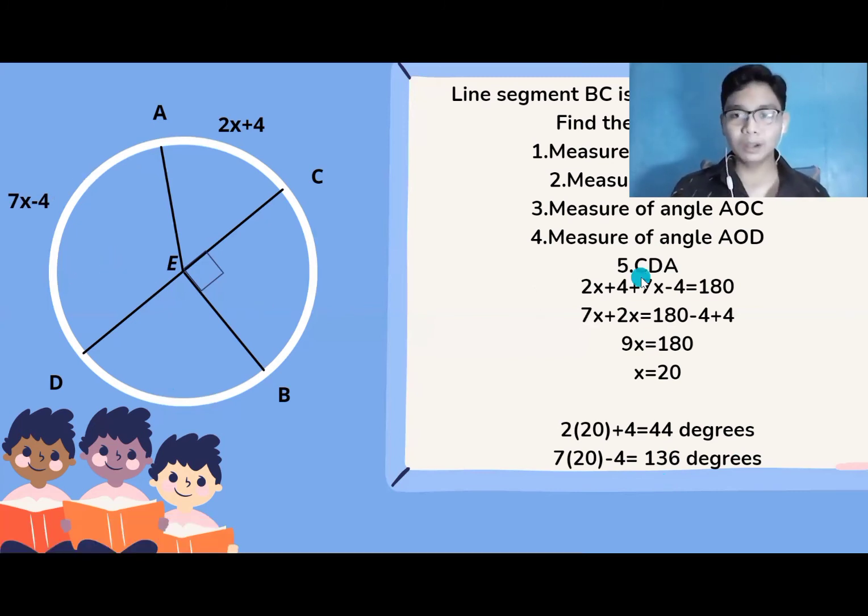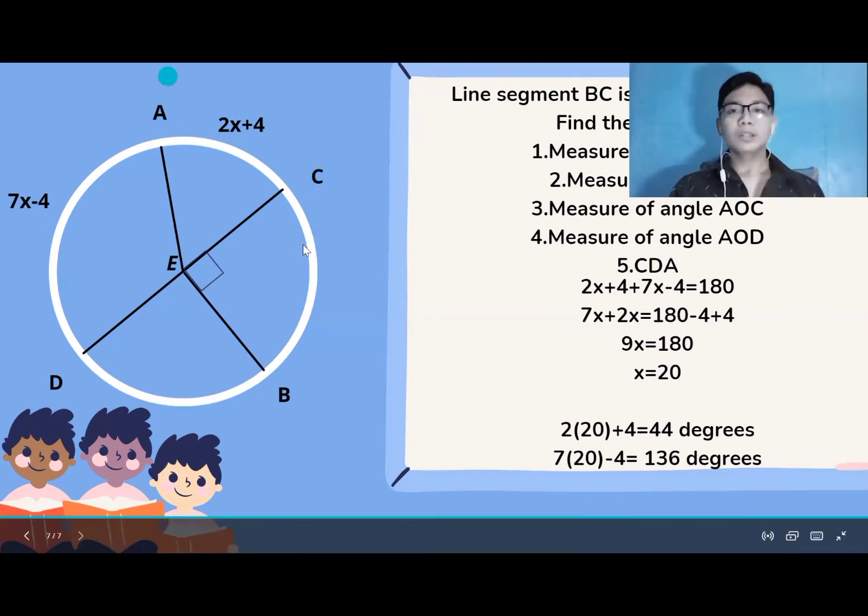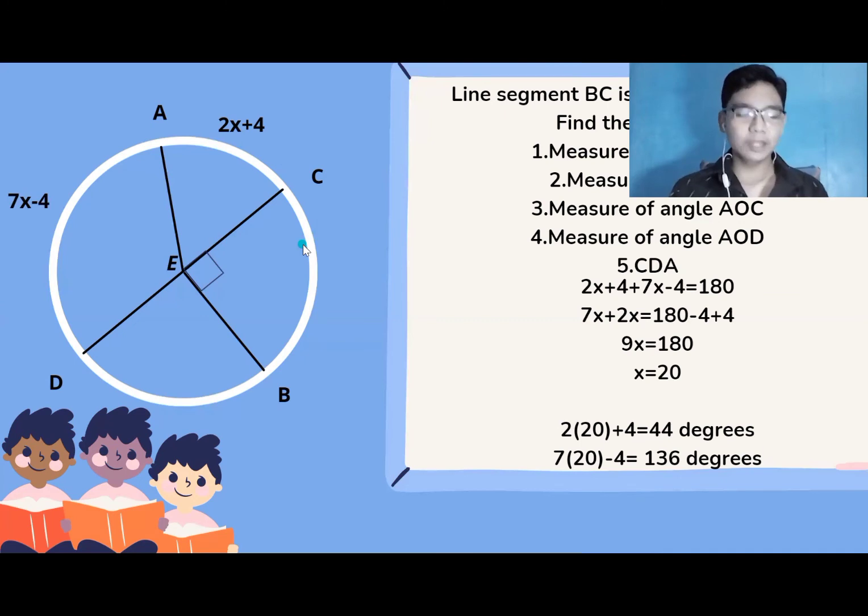Now we will solve for arc CDA. That is basically CBA. I have so many typographical errors. I'm very sorry for that. So basically, the arc stands from C to B to D and to A. So a simpler way to solve this is basically, we all know that circles have a circumference of 360 degrees.